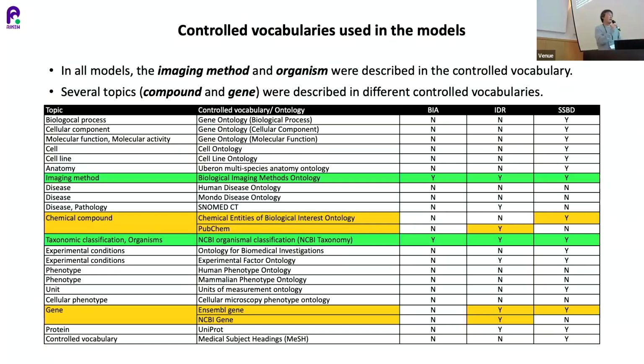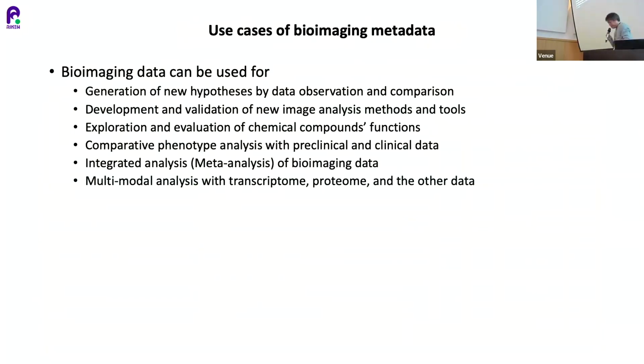We are now discussing how to make the harmonization. To do that, we are thinking about the use case of the data. That was a very important discussion at REMI 2019.